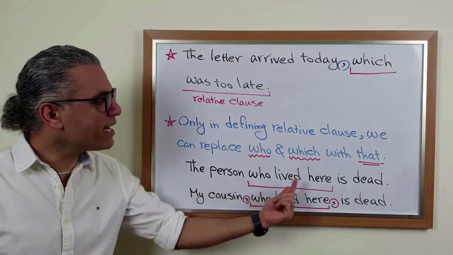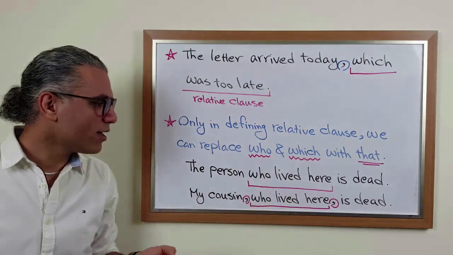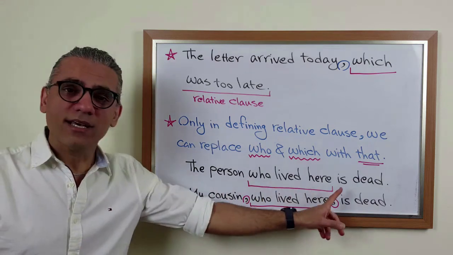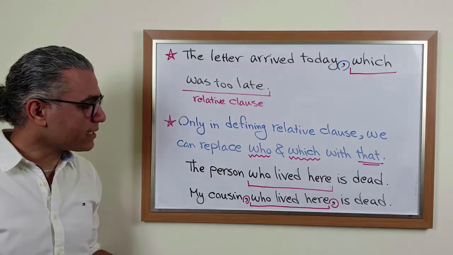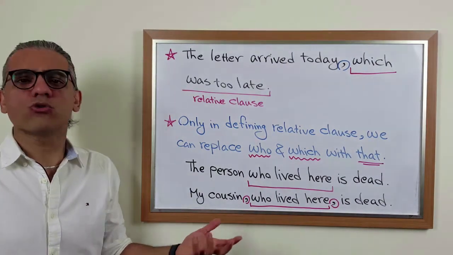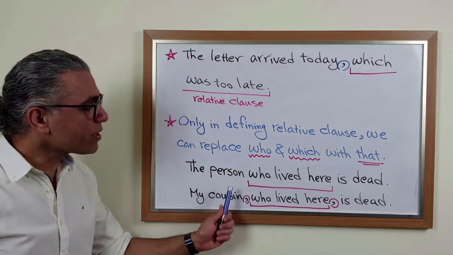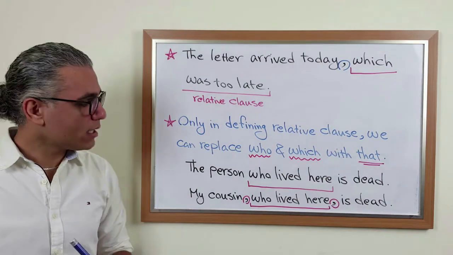The person who lived here is dead. This is a defining, again, another morbid example. Sorry for that. The person who lived here is dead. Who lived here is your relative clause, and it is a defining one. So you could simply remove who and put that. We could say the person that lived here is dead.